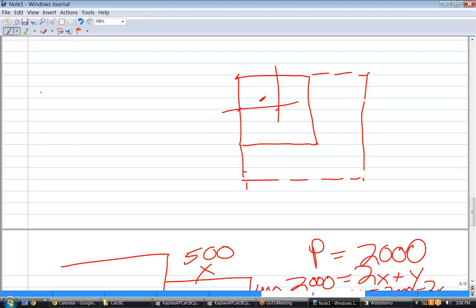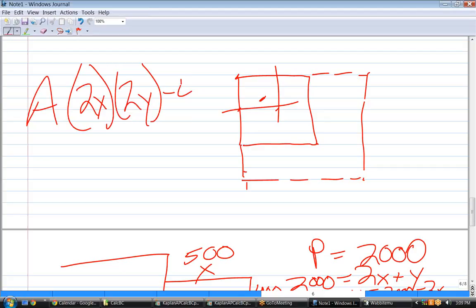In other words, I have my area function. My area function is 2x times 2y minus 4. And I know that with some of these optimization problems, if you can turn this into theta and this into theta, that's fine. In other words, I don't have to turn y into x or x into y.